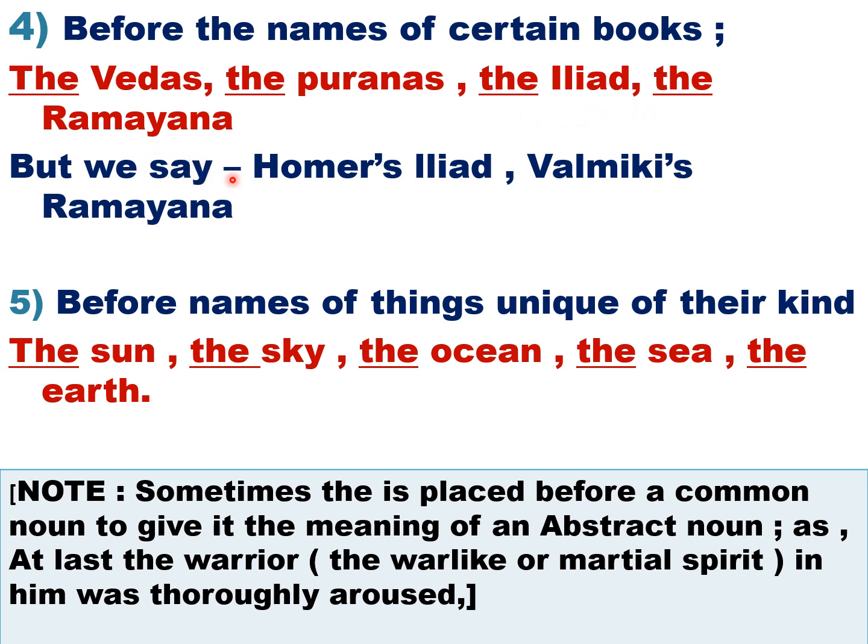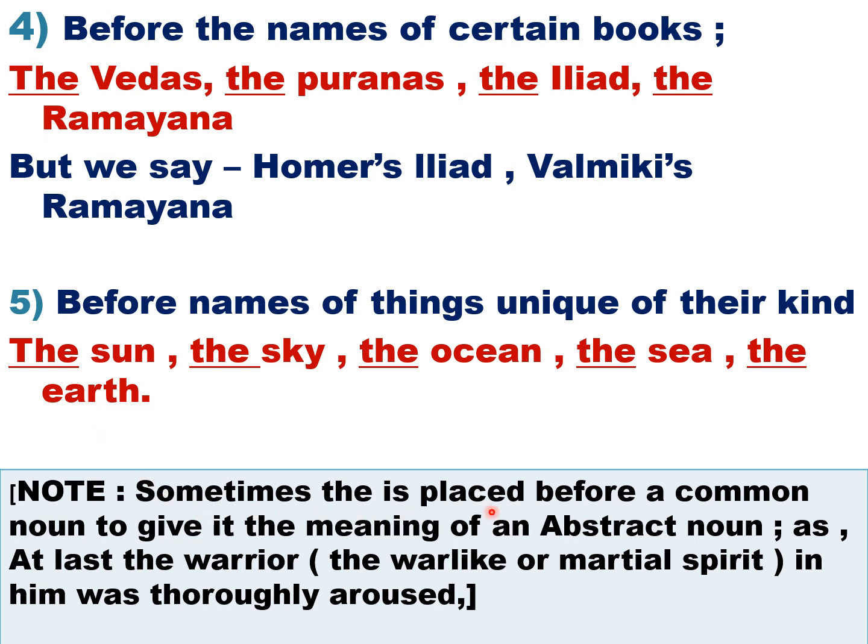But when we say the author's name, we must not use the definite article the. We must say Homer's Iliad and Valmiki's Ramayana. Before names of things unique of their kind, the sun, the sky, the ocean, the sea, the earth. Here, the sun, sky, and earth are unique things.